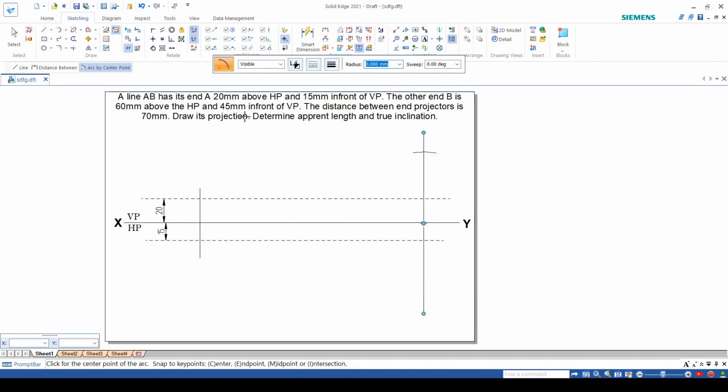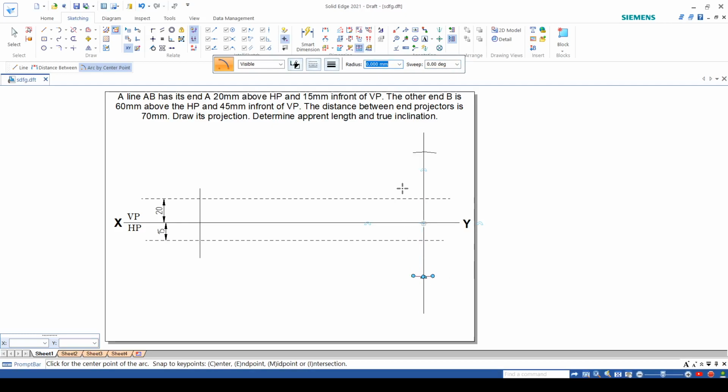Now we have to take 45 mm from this point, so from this point I would create this 45 mm.